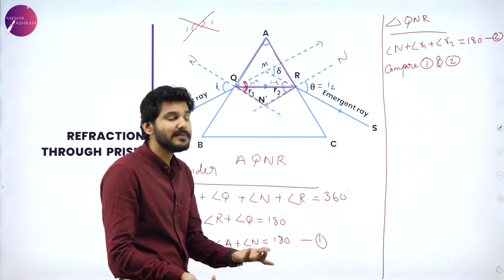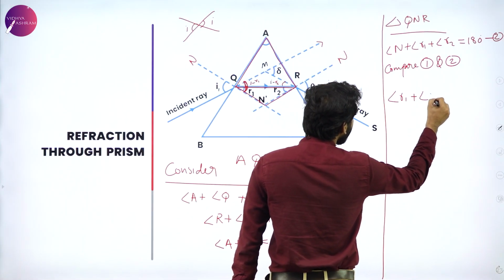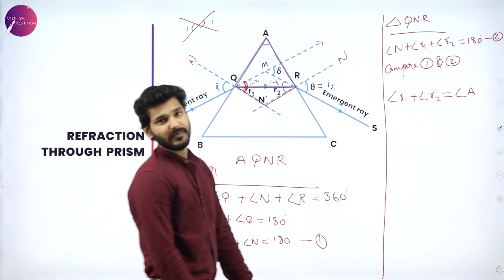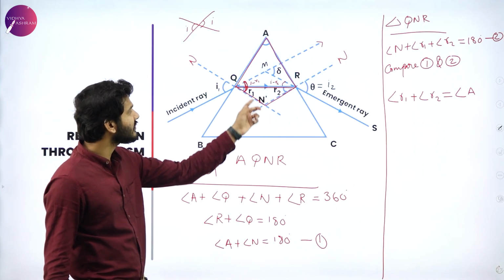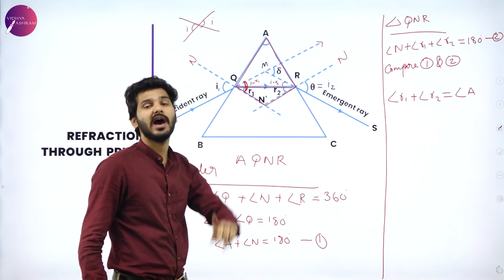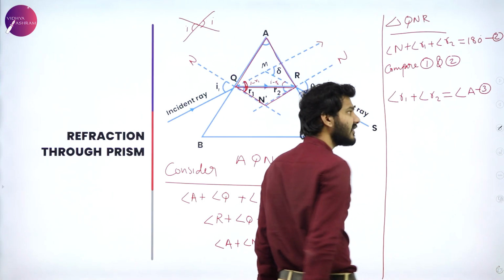So R1 plus R2, the sum of these two angles, will be equal to angle A. Now let's put it as equation number 3.